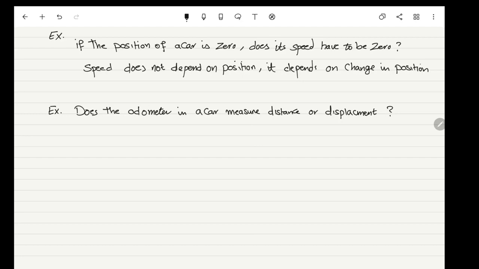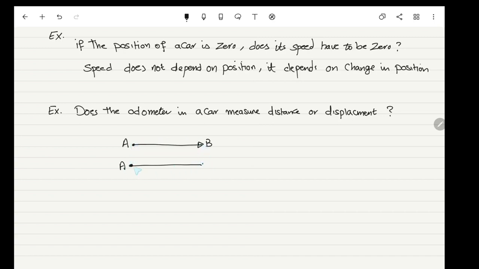Example: does the odometer in the car measure distance or displacement? The odometer actually measures distance. Let's take this quick example. If you go from city A to city B, then move back to city A, in this case the odometer measures this distance from this point to this point and back to this point.